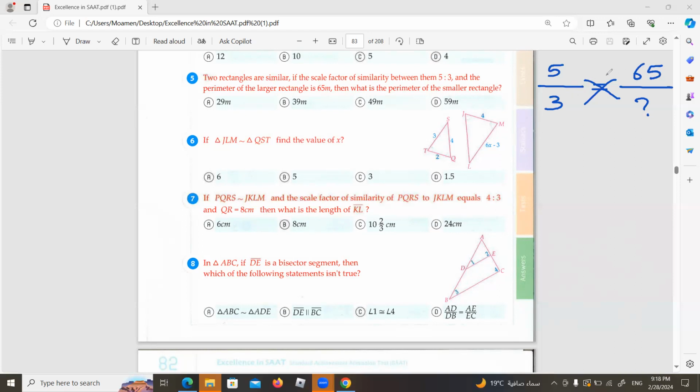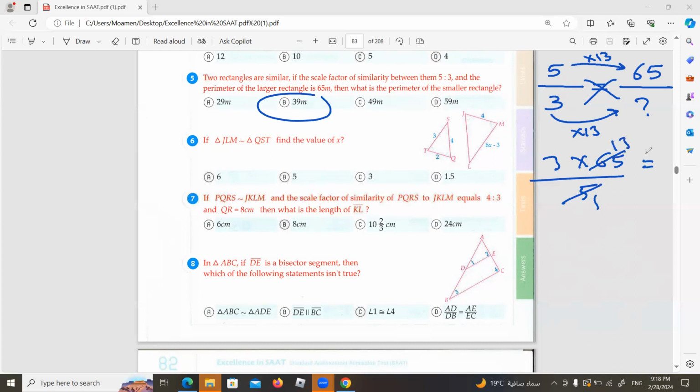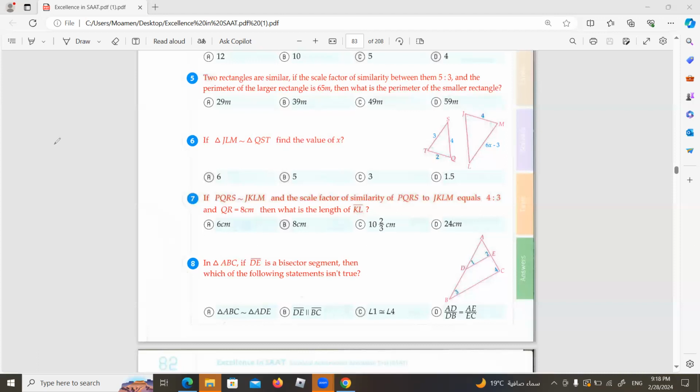You can use the cross product, or 5 here becomes a 65. I multiply it by 13. So 3 multiplied by 13, it's equal to 39. Or by cross product, 3 multiplied by 65 over 5. By the same way, cancel here 5, becomes a 13. 13 times 3 is 39. Anyway, this is your decision to use any method to calculate your answer.